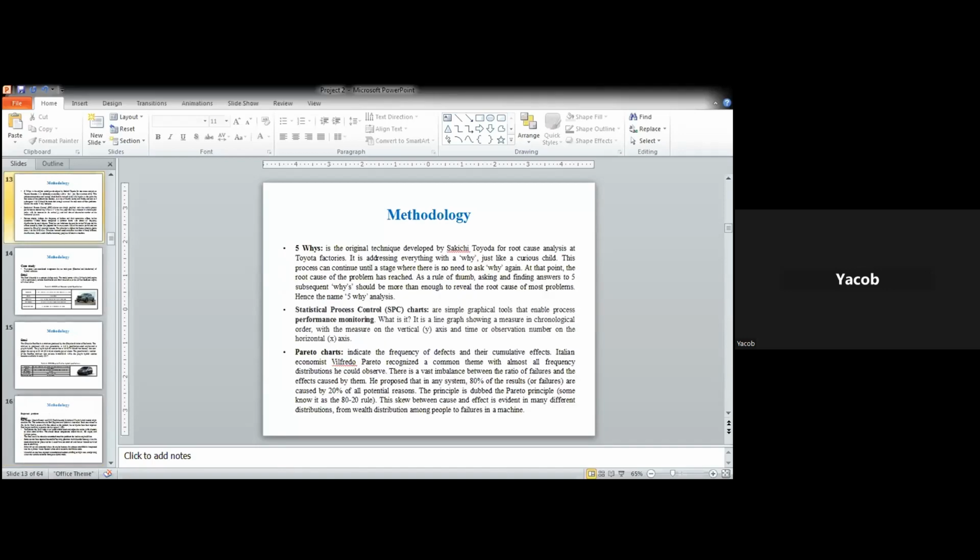And then 5 Whys is used in order to specify the real cause. Then statistical process control and Pareto charts can also be helpful in this case in order to understand which defect or which problem is more harmful.